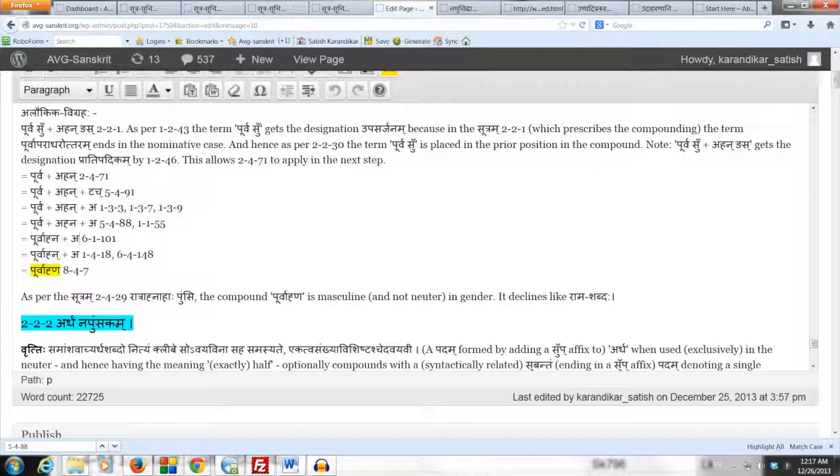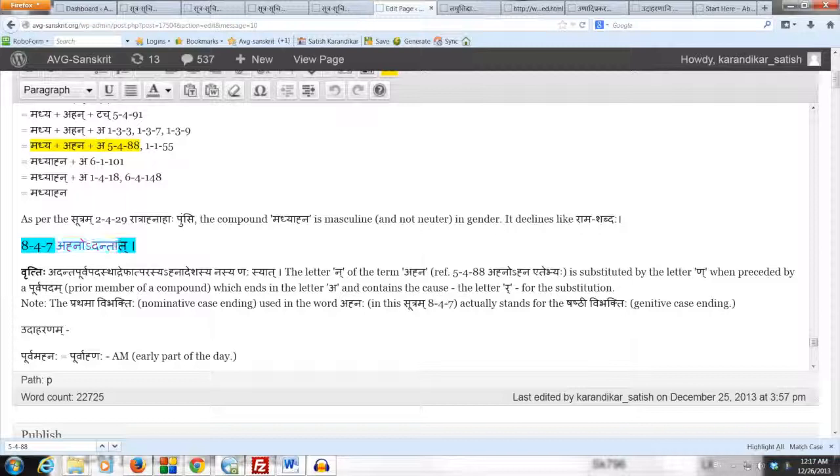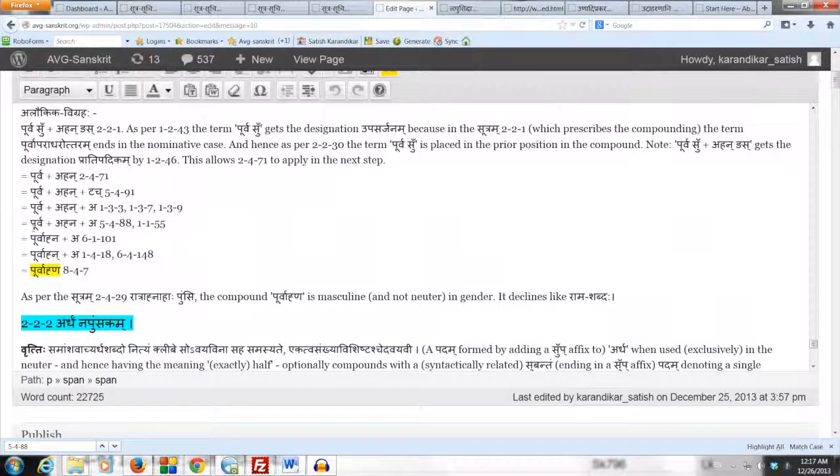Now the angam purvahna gets the bhasanjna by the Sutram 1.4.18 yachi bham, which allows us to apply 6.4.148 yasyeti cha to remove the ending letter a of the angam purvahna. So we get purvahna plus a, which is purvahna. And now we apply 8.4.7 ahno dantat, because we do have a purvapadam purva which is ending in the letter a.